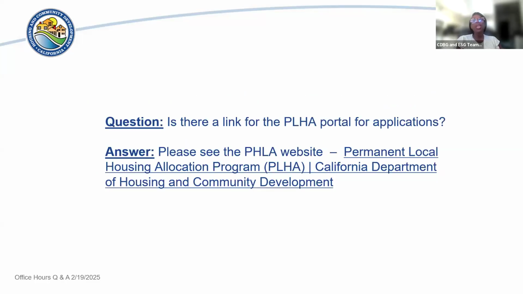Question: is there a link for the PLHA portal for applications? Answer: please see the PLHA website, the Permanent Local Housing Allocation Program with HCD. The link is provided, and it will be provided in the newsletter as well.